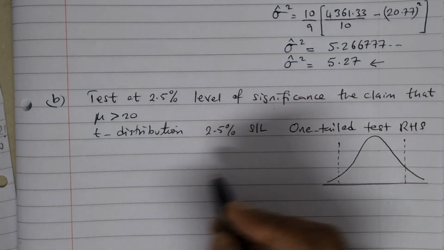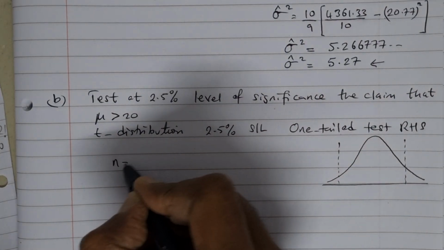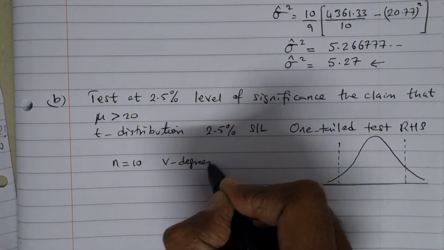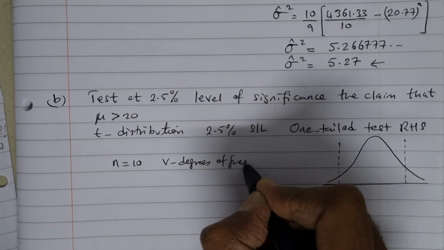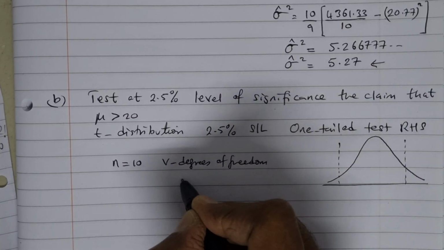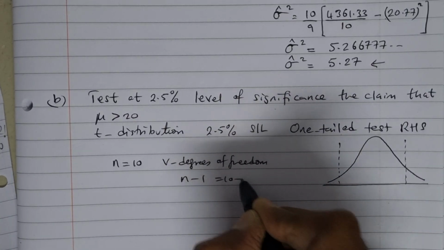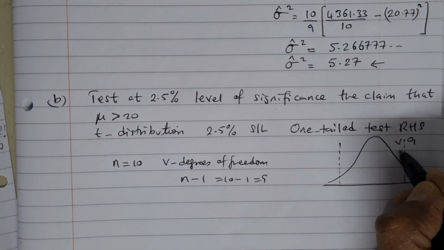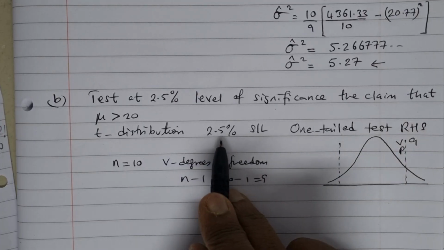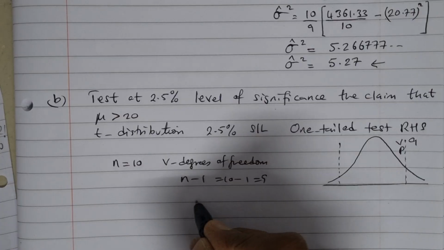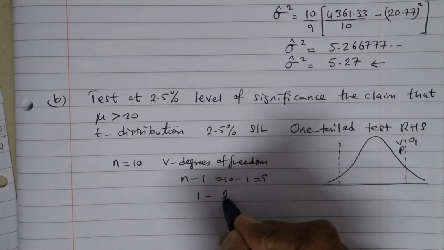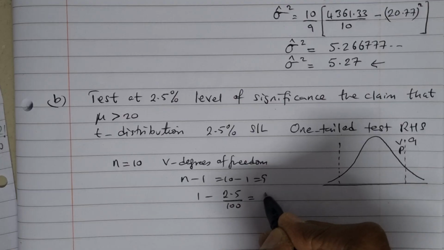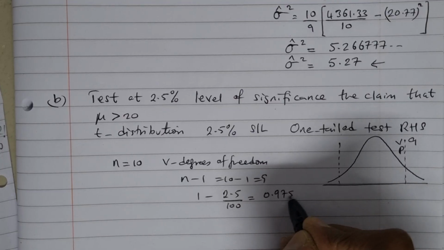And so because it's a small sample, we have n equal to 10, therefore the degrees of freedom v is going to be equal to n minus 1, which is 10 minus 1, equal to 9. So the degrees of freedom is 9, and our value of p, because this is 2.5, is going to be equal to 1 minus 2.5 over 100, basically making it 0.975.